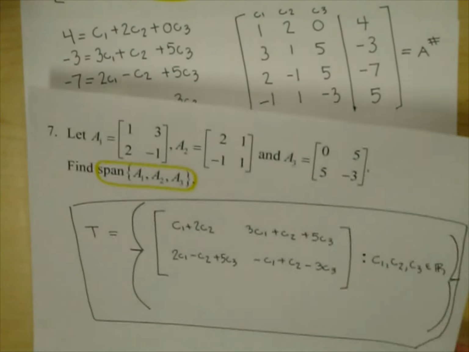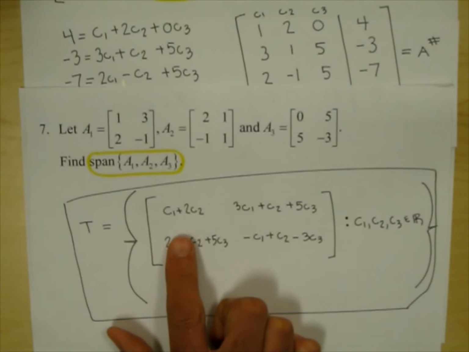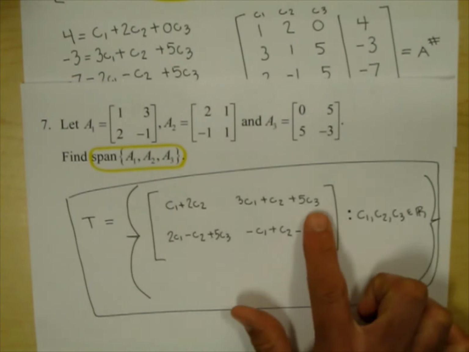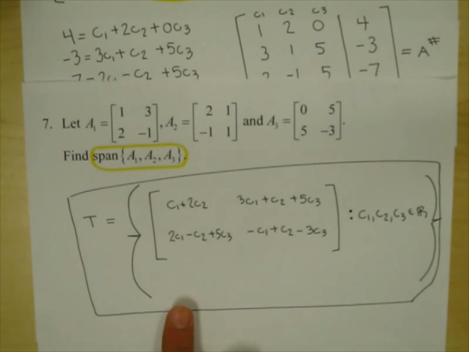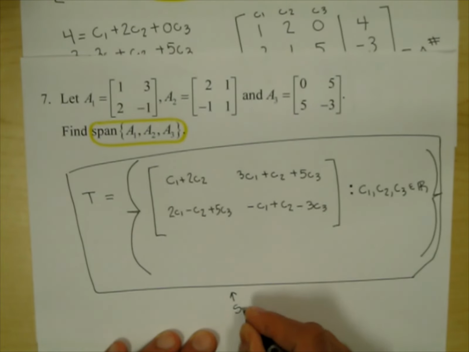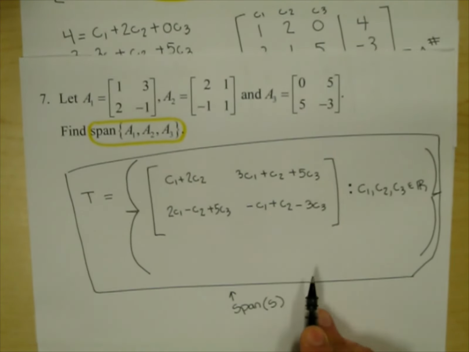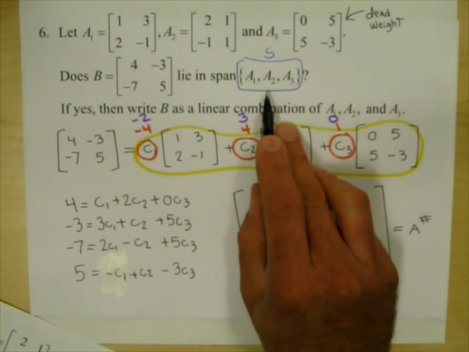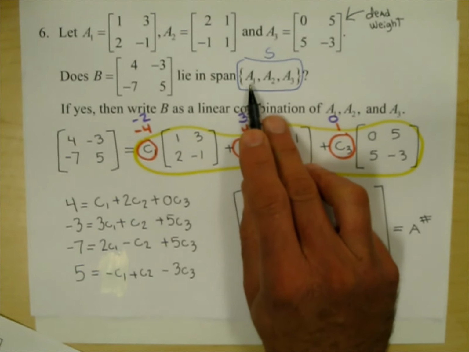You could use this for matrices. Sometimes the book will use A, B, and C for C1, C2, C3. So you can use A, B, C instead of C1, C2, C3. This set, okay, so let me point this out. We're done with this problem. This is the span of S, which has infinitely many creatures in it, whereas just S, which was this guy right here, had 3 seeds in it. 1, 2, 3.